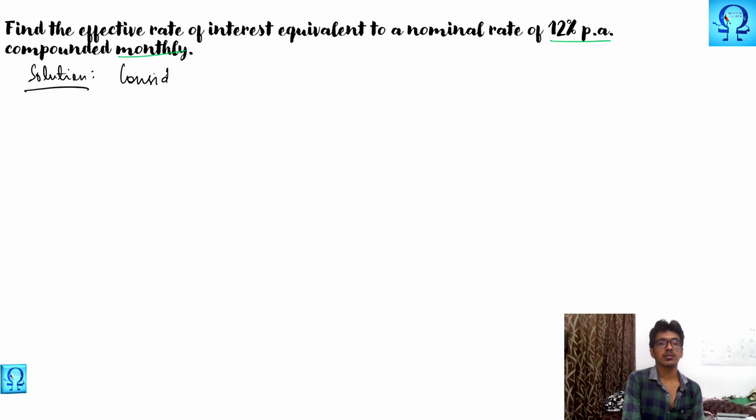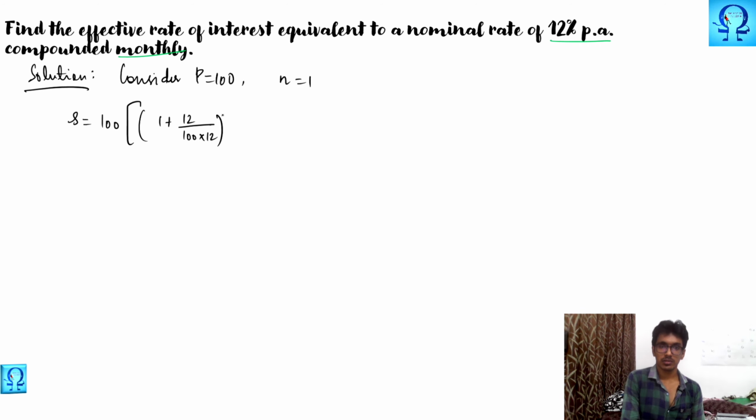Consider 100 rupees, and we are calculating for 1 year. So what would we get? S is going to be 100 times (1 plus r upon 12) to the power 12 times 1, minus 1. Here r is 12, so this is 100 times (1 plus 0.01) to the power 12, minus 1.